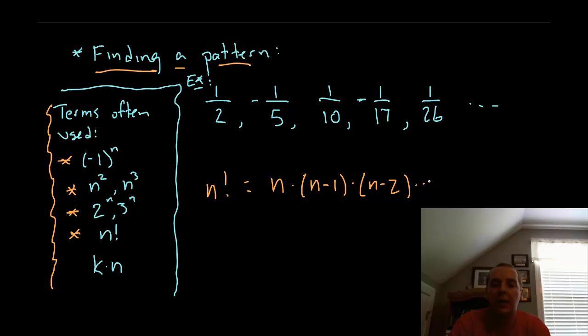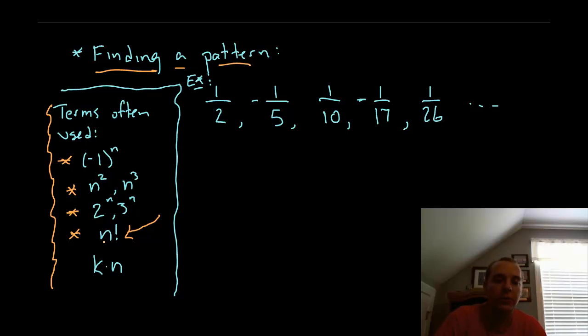So you just keep that pattern no matter what the factorial is down until you get to 1 and then you stop. So 100 factorial would be 100 times 99 times 98, so on and so forth, times 5 times 4 times 3 times 2 times 1. So they can obviously get really big. I would even probably familiarize myself with the first few factorials just so you can recognize them immediately when you see them in a list. Last one, just simply multiples of n: 2n, 3n, 5n, 7n, 9n, 10n, things like that.